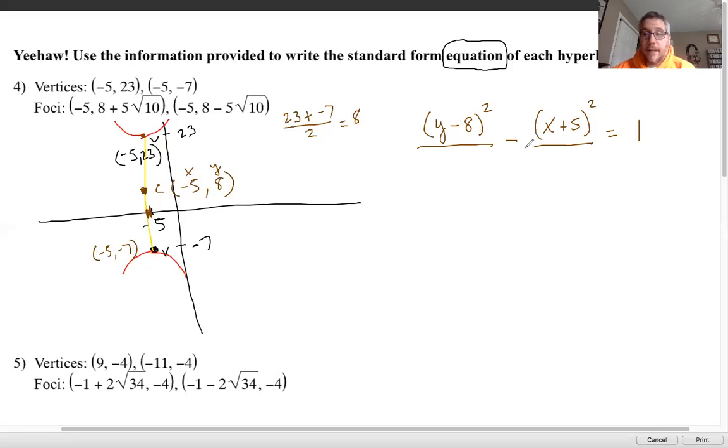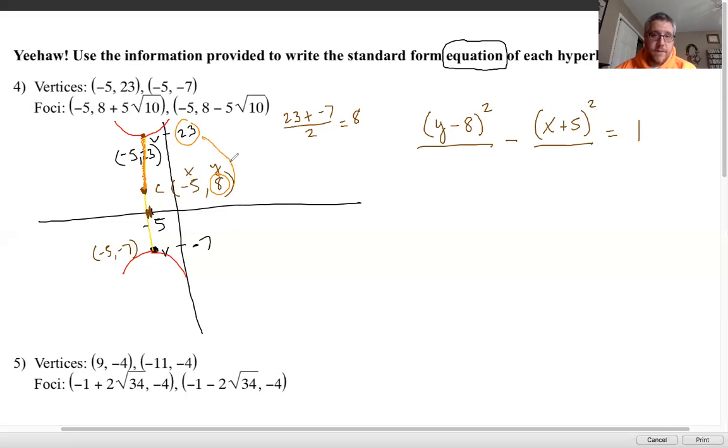Well, let's think about how the hyperbola works. If I can figure out the distance from the center to the vertex, that is always a. Center to vertex is always a. So think about it. I'm at a height of 8 here, and then I'm going up to a height of 23.